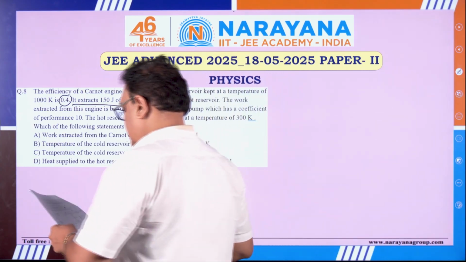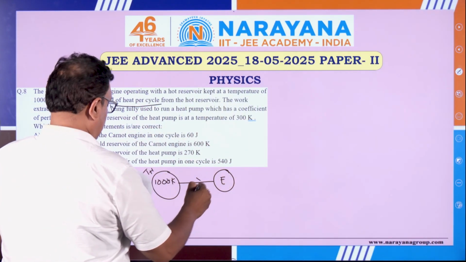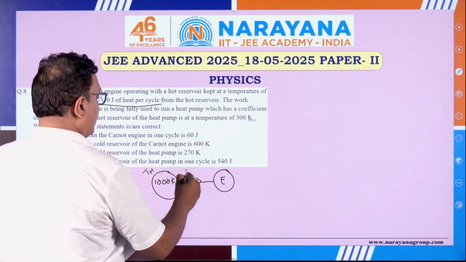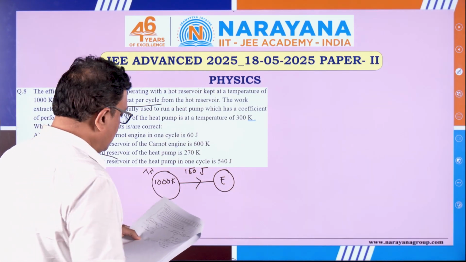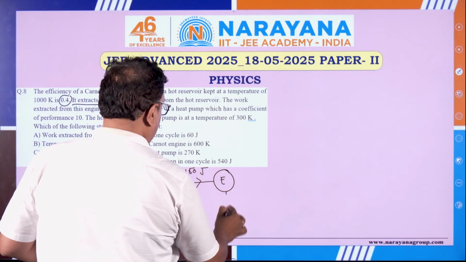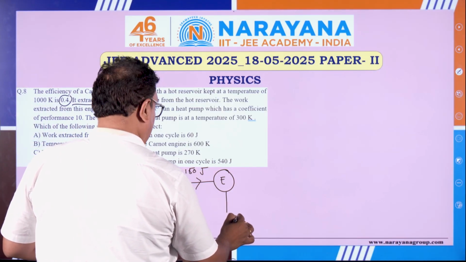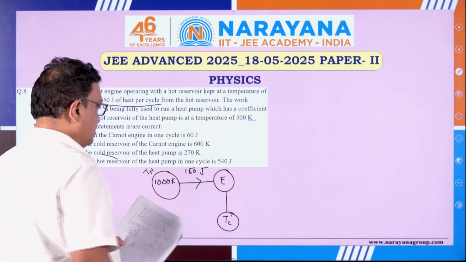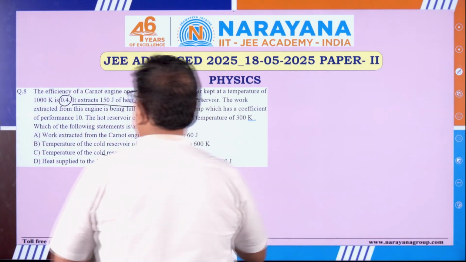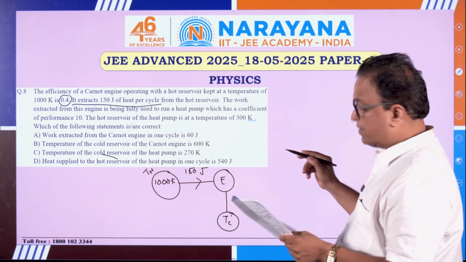Literally, you are drawing 150 joules, and you will reject it to the sink. I don't know the temperature of the sink, T cold.